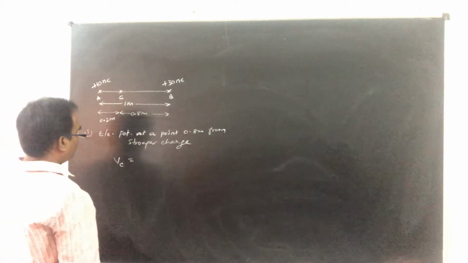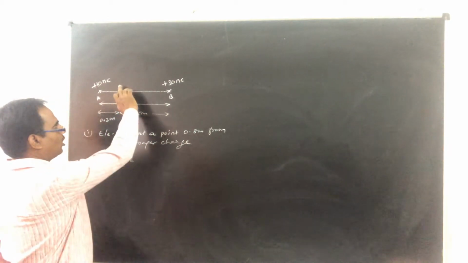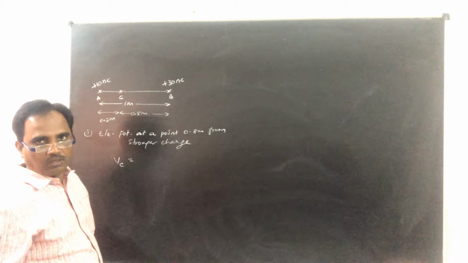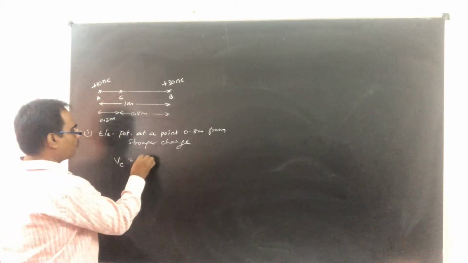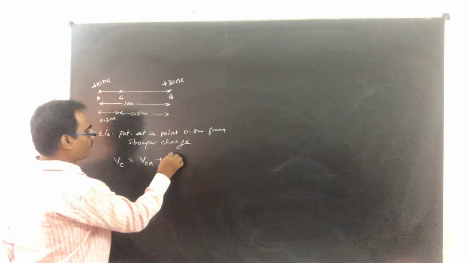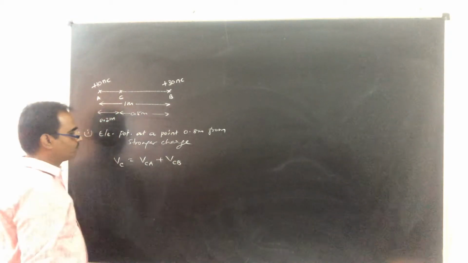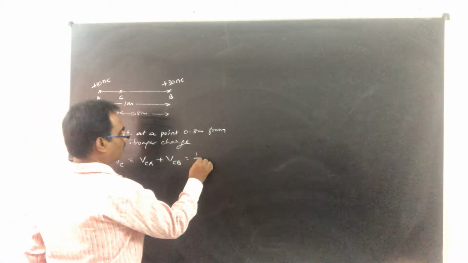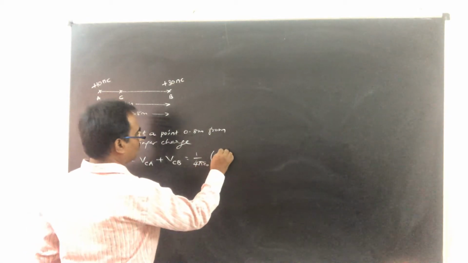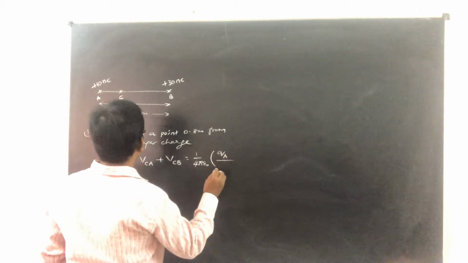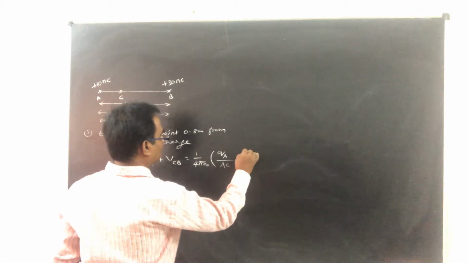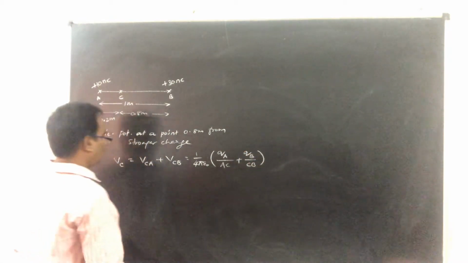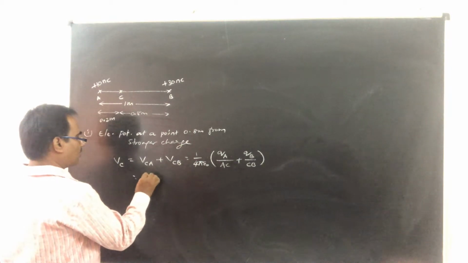From the principle of superposition, potential at a point is equal to the sum of potentials due to individual charges. So, Vca plus Vcb, that means 1 by 4 pi epsilon naught Qa divided by Ac, plus Qb divided by Cb.